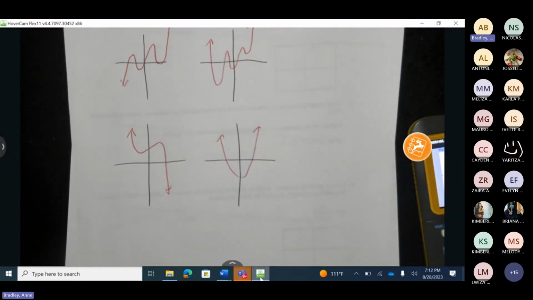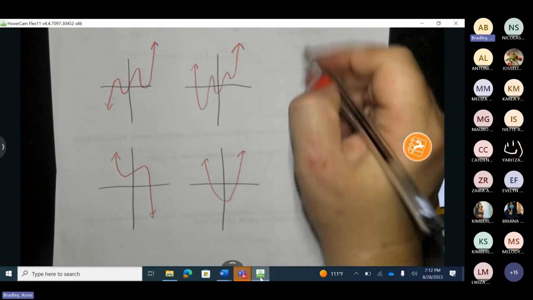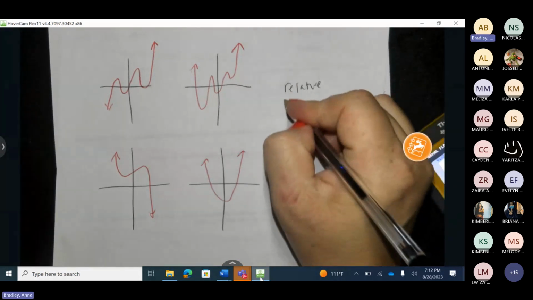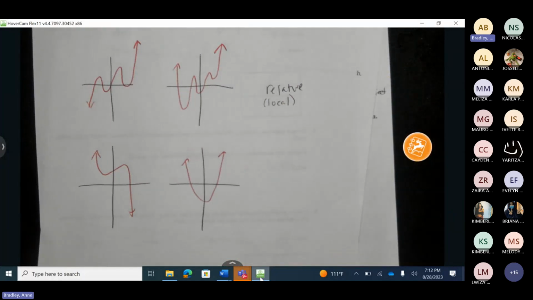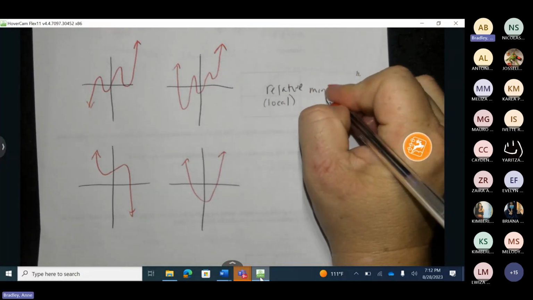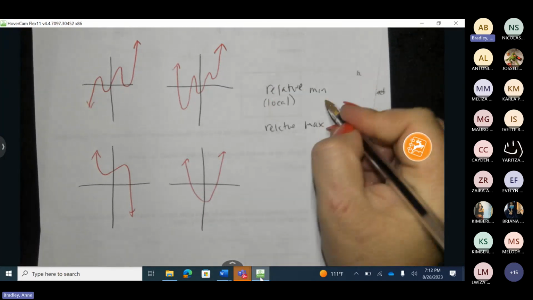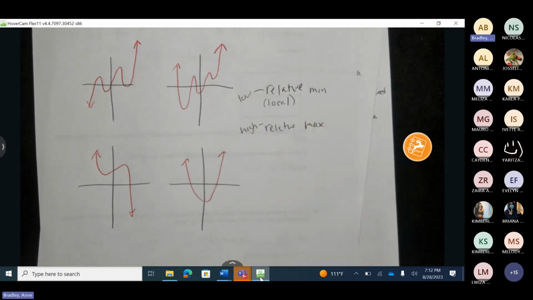Okay, so there's something that's called, and instead of me telling you both terms, it's called relative. Another teacher, if you got tutoring, maybe call it local. It means the same thing. And we say there's relative minimums, and we say there's relative maximums, and that refers to a low point and a high point. It just can't be the lowest or the highest.